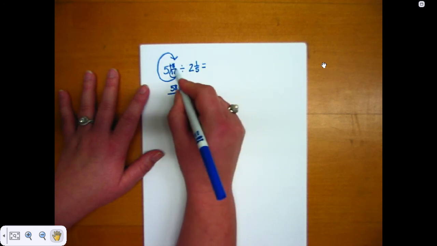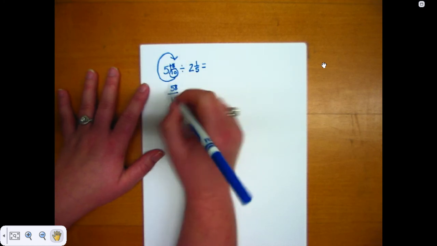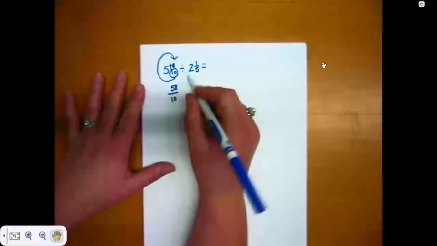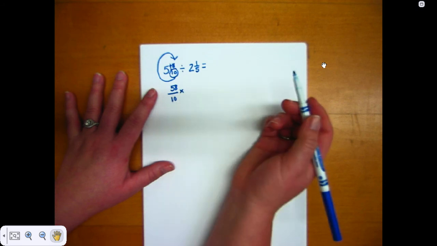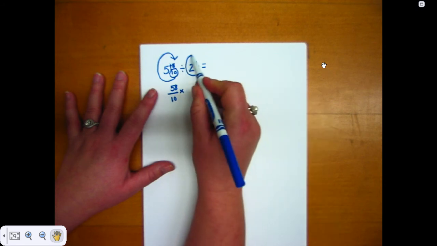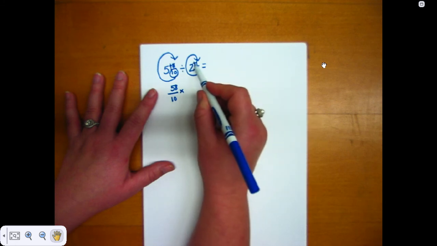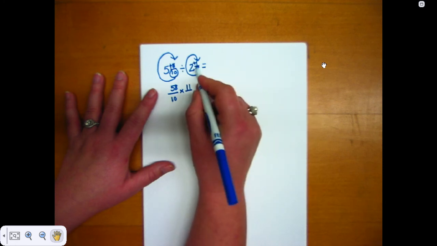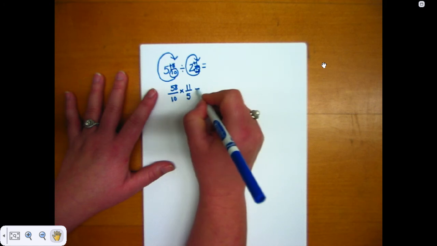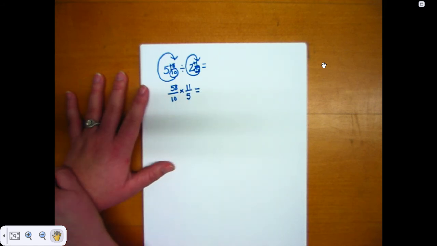You keep the same denominator, and your sign is positive, so it's positive. I change this to multiply. I go around the world here. 5 times 2 is 10. 10 plus 1 is 11. Keep the denominator. Now I'm going to multiply across the top.